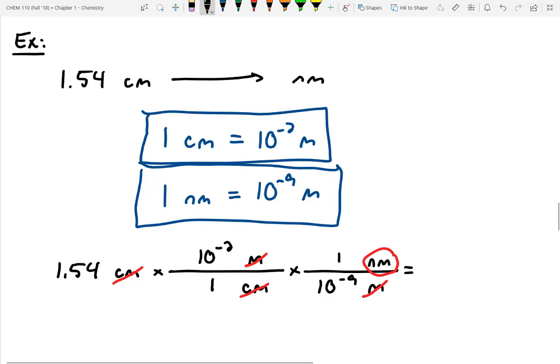All right, so let's go ahead and try this in our calculator. I haven't even done this yet. 10 to the negative 2 times... and I'm getting a number that is 154 with 5 zeros.